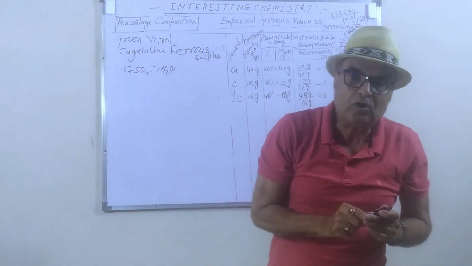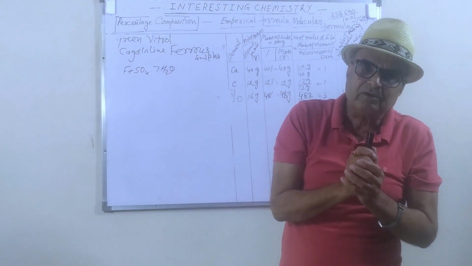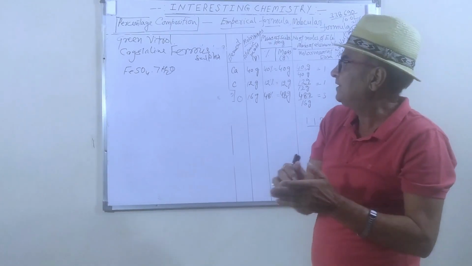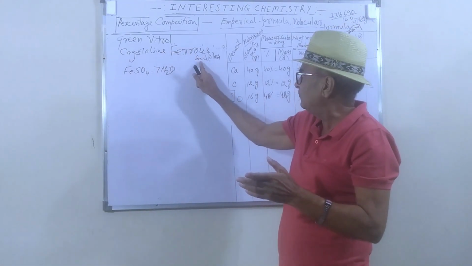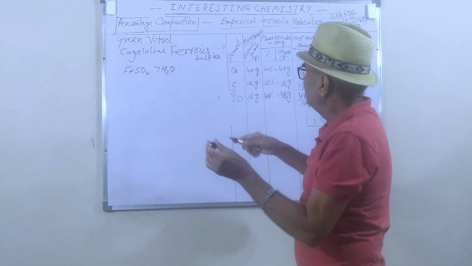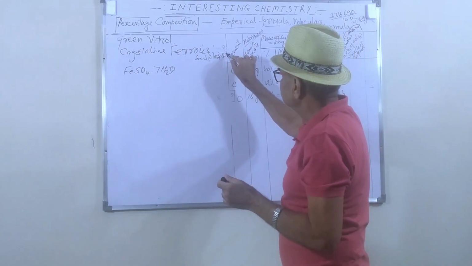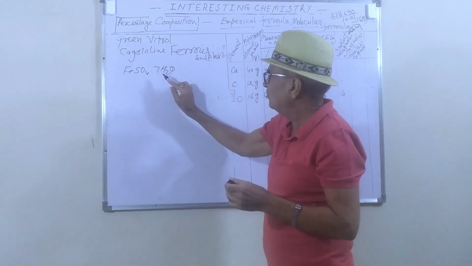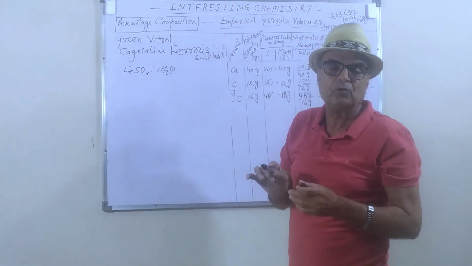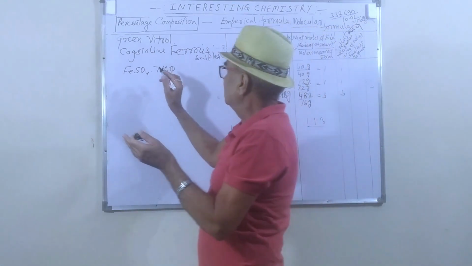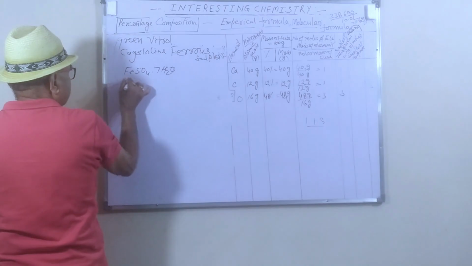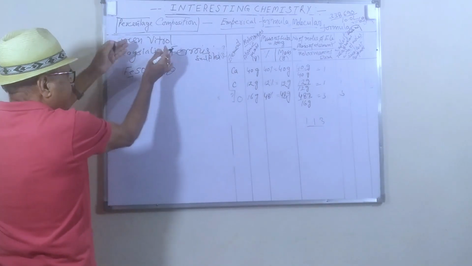I am telling you about green vitriol, or the chemical name of crystalline ferrous sulfate. FeSO4·7H2O: the color of this ferrous sulfate is green, so it is called green vitriol.